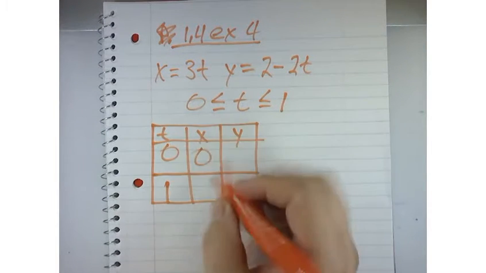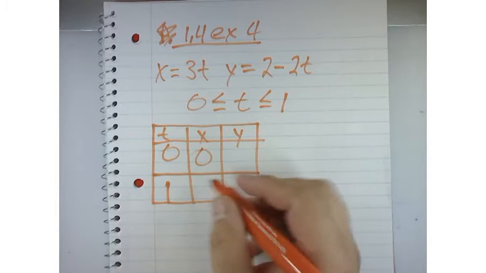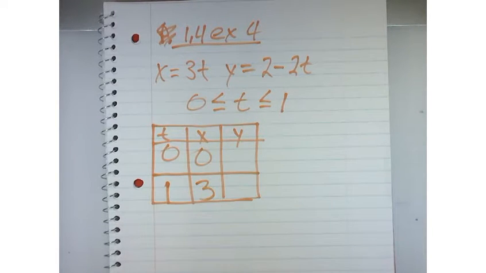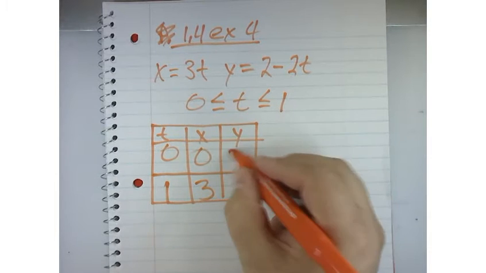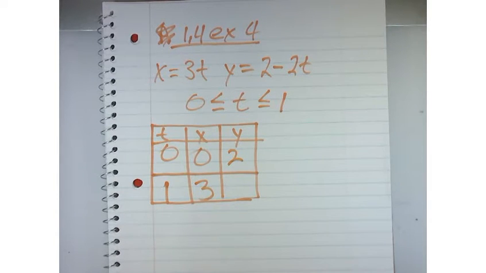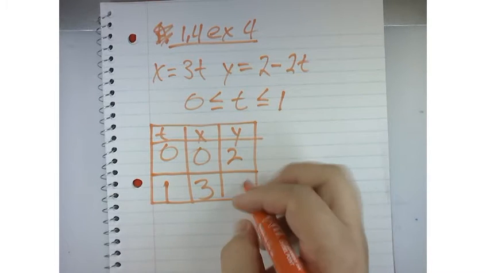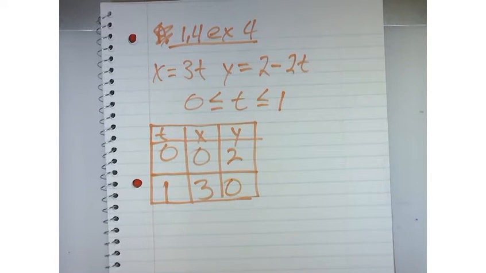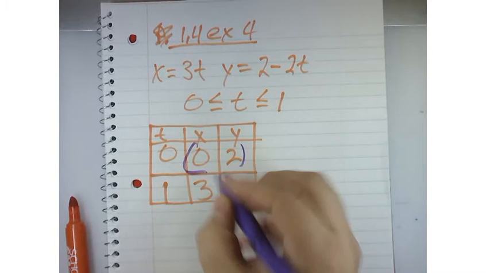For the next value, if I let t equal 1, then x will be 3 times 1, which is 3. Now if I do the same thing for y, I'm going to get 2 for t equals 0, and for t equals 1, I'm going to get 2 minus 2, which would be 0. We're just double checking that. And so I have 2 points: 0, 2, and 3, 0.